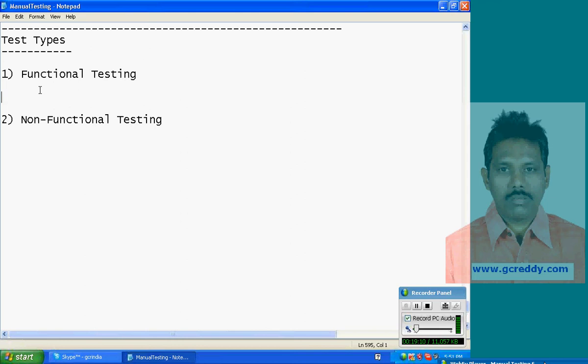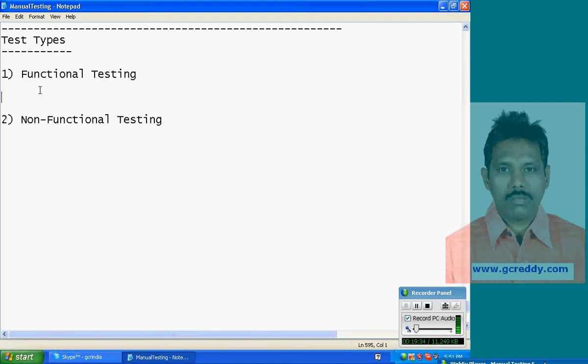We have four levels of testing: component testing, next integration testing, system testing, last one acceptance testing.